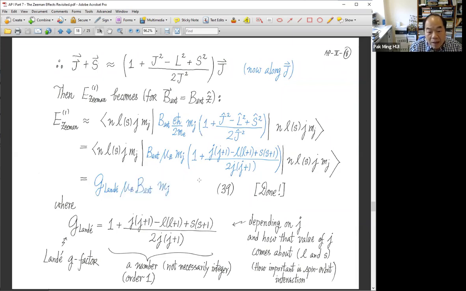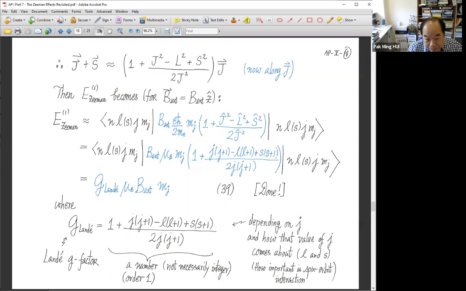All right? And now you see this factor, right? Because J squared will look for J(J+1), L squared will look for L(L+1), S squared will look for this boring S times S plus 1, that is half times half plus 1, h bar squared, all right?